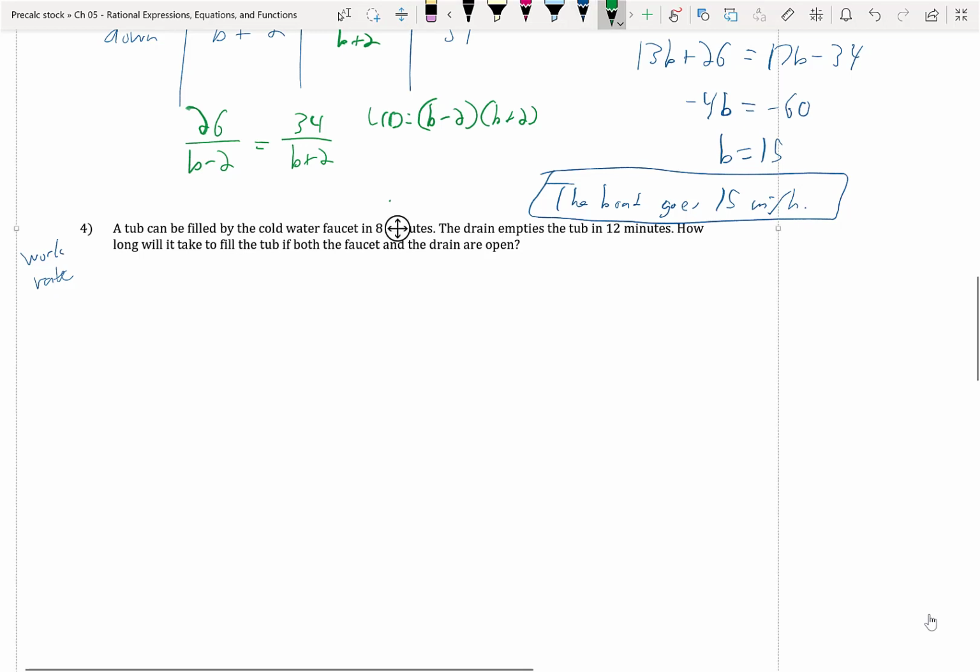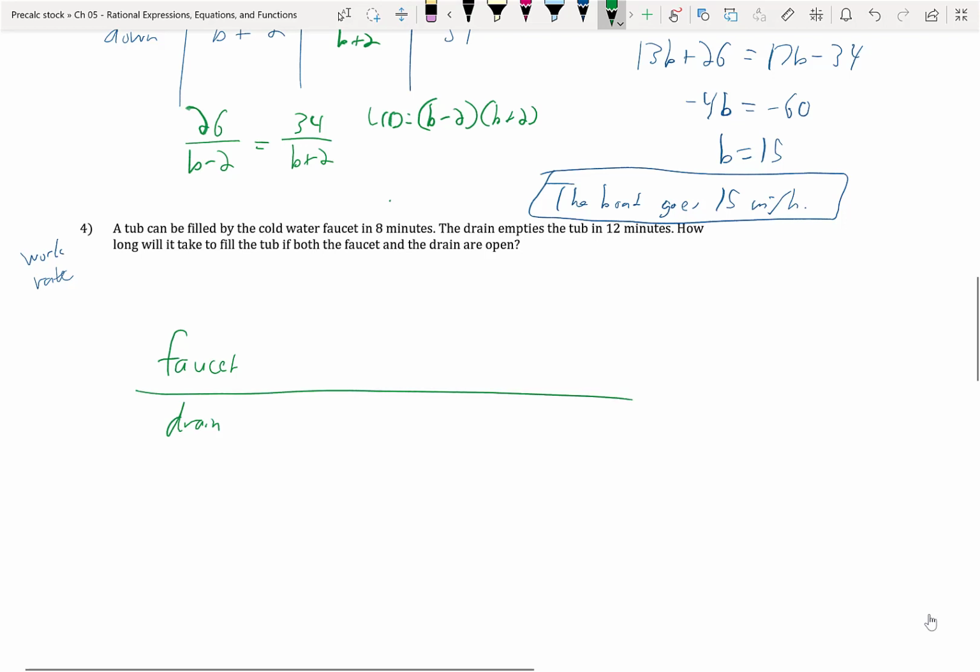Sometimes it's easier to see these problems as mixture problems. We have the drain emptying the tub, and we have the faucet filling the tub. So I'm going to put faucet, and then I'm going to put drain. I'm going to set up something just kind of like a rate time distance problem. We're going to have a rate. We're going to have a time that they actually work.